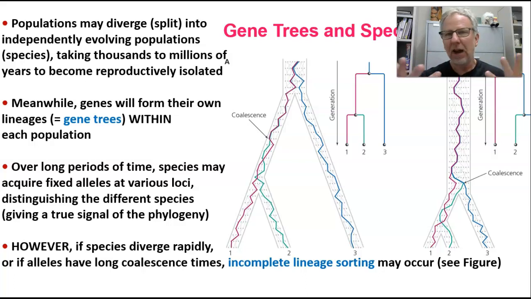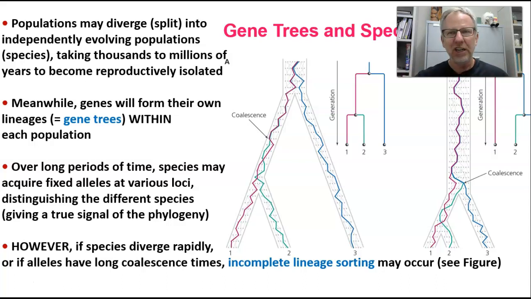It may take thousands to millions of years for independently evolving populations to become reproductively isolated so that their individual organisms can't mate anymore. Meanwhile, genes within these species are forming their own evolutionary histories, their own lineages, and we call those histories gene trees.